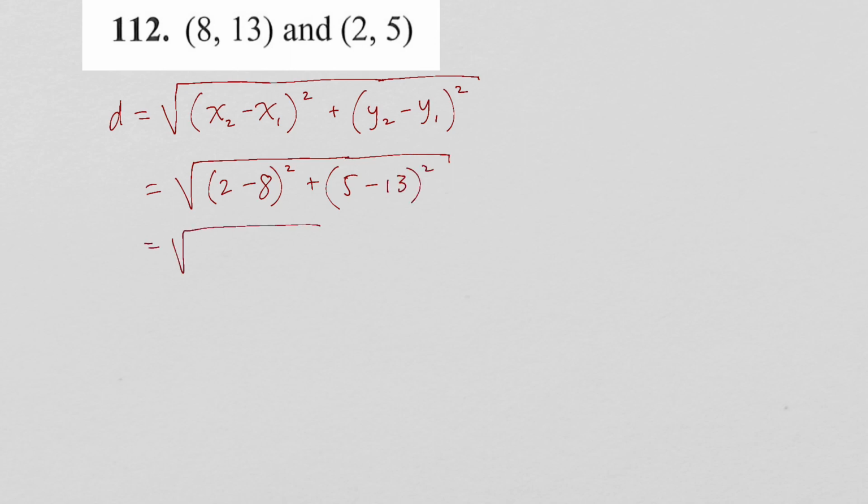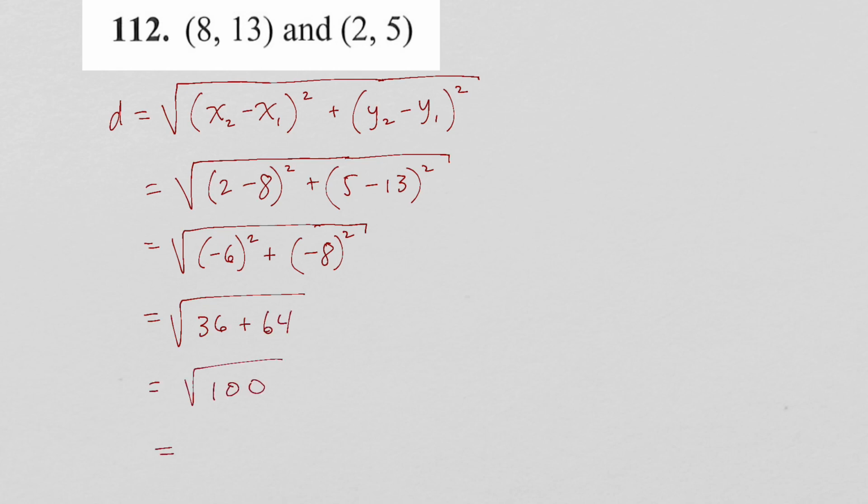So this is the square root of negative 6 squared plus 5 minus 13 is negative 8 squared, which is the square root of 36 plus 64, which is the square root of 100, and we get 10.